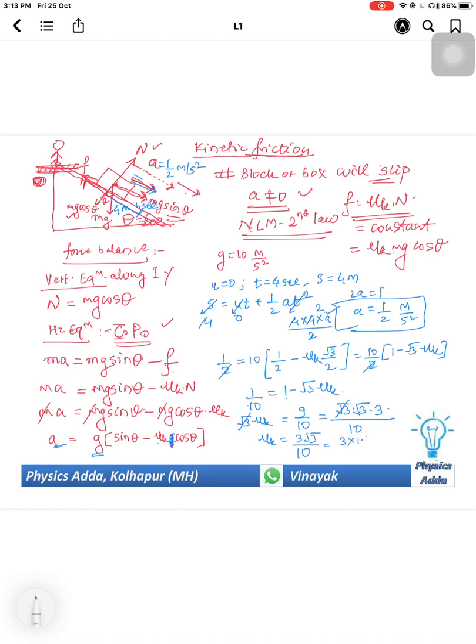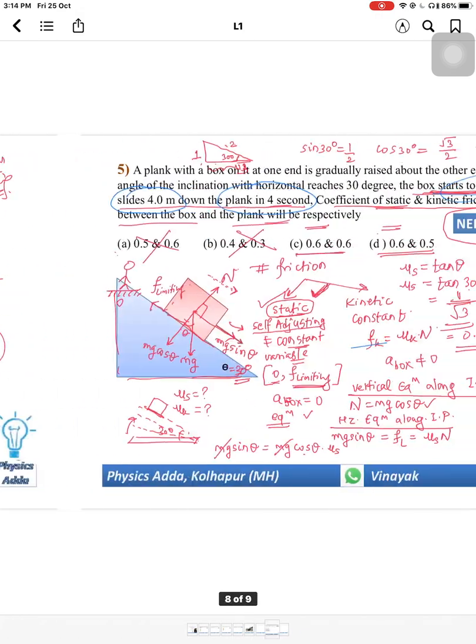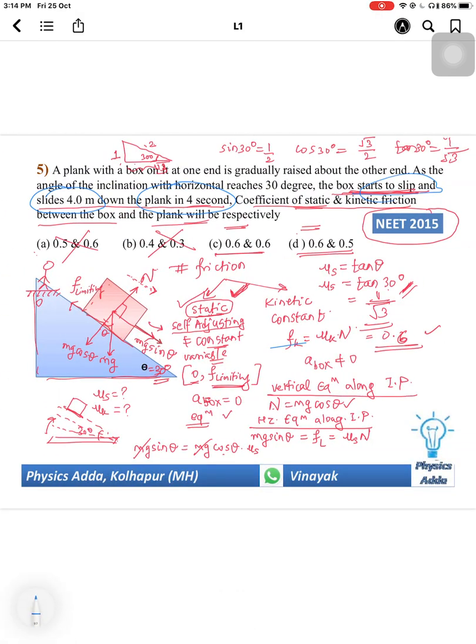It's approximately 1.7, so this is 5.1 by 10 approximately, which is nothing but 0.51, which is nearly 0.5. So mu k will be 0.5. Okay. So here I have the value of mu s as 0.6.